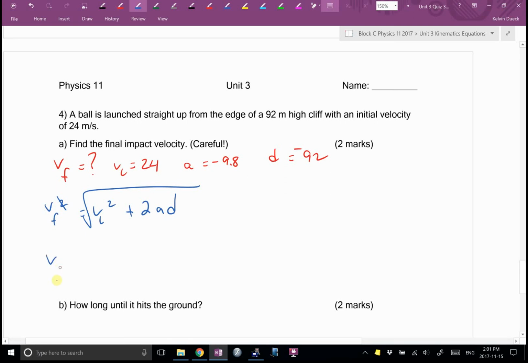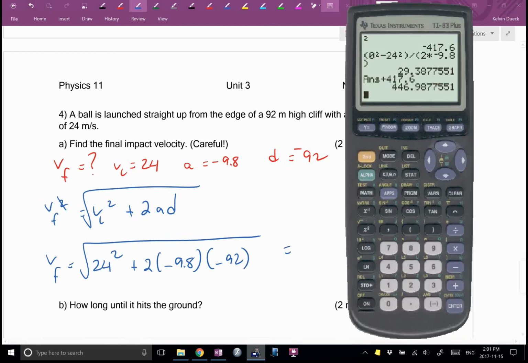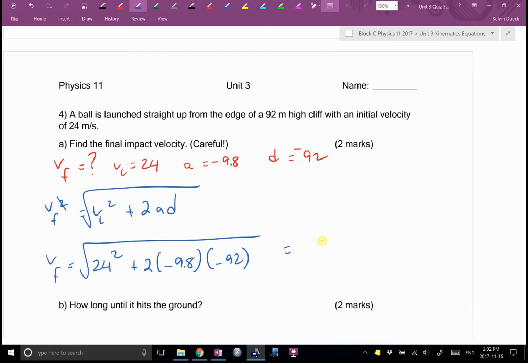So Vf is going to be the square root of 24 squared plus 2 times negative 9.8 times negative 92. Square root of that. Answer button. And I get 48.8 meters per second. Technically 49 meters per second.